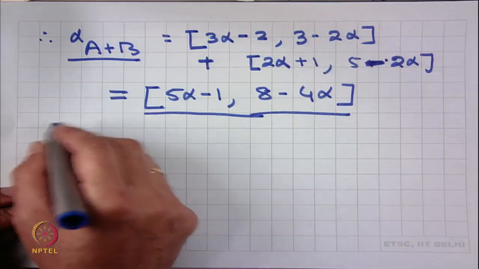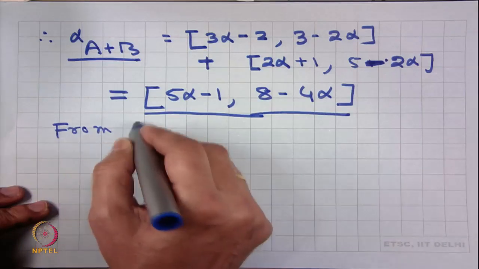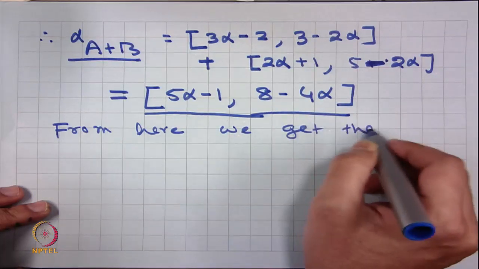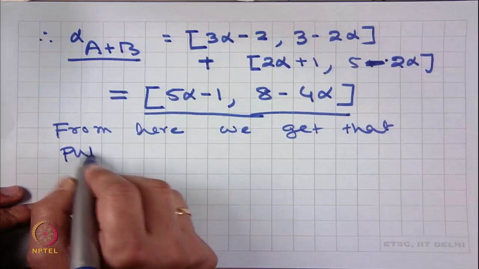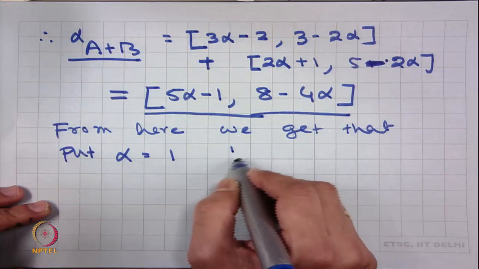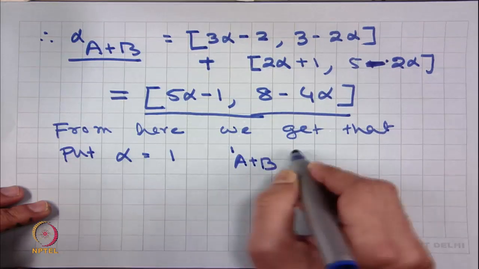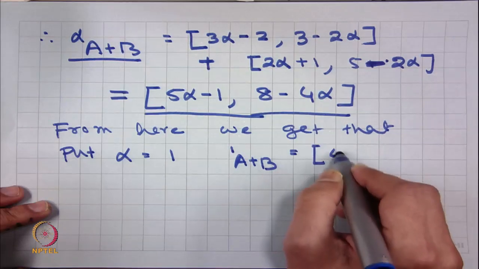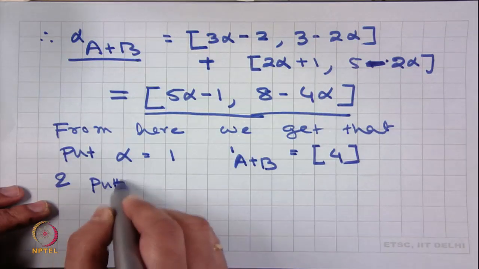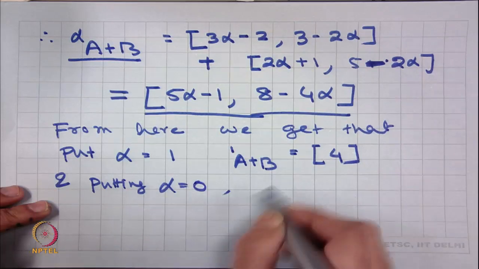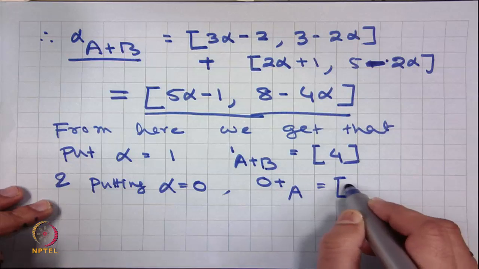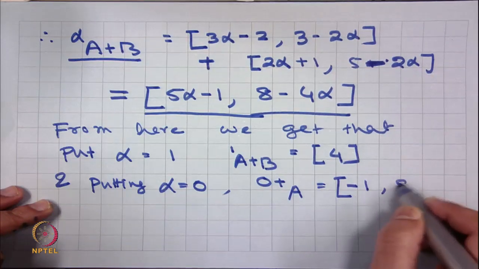From here, putting alpha equal to 1, the 1 cut of A plus B is equal to 4, and putting alpha equal to 0, the 0 cut is equal to [minus 1, 8].